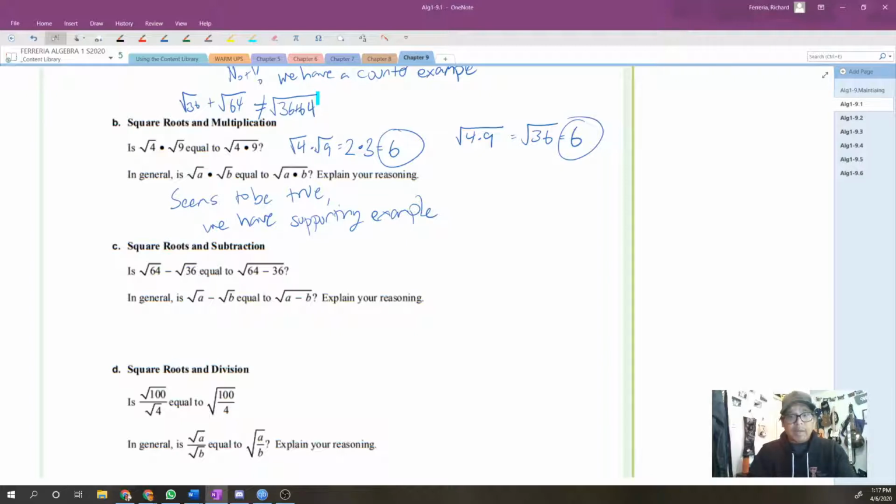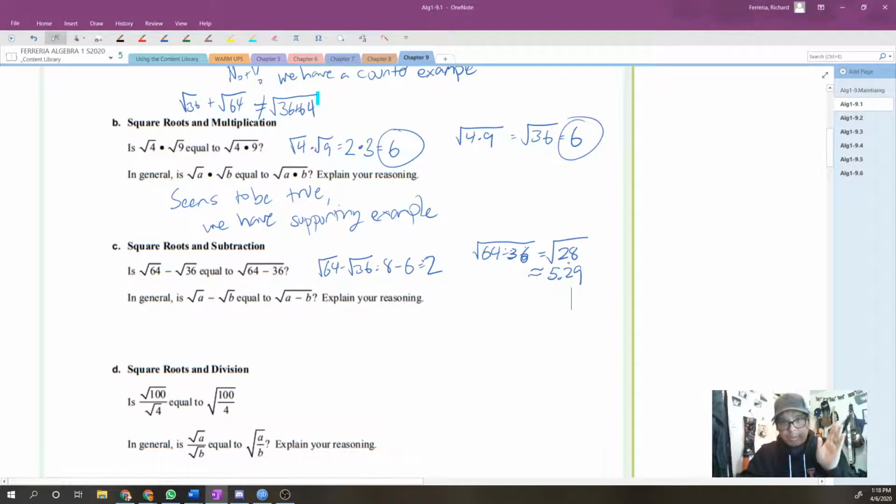Okay, let's take a look at subtraction. Radical 64 is 8. Radical 36 is 6. And 8 minus 6 is 2. How about if we subtract first? What is 64 minus 36?